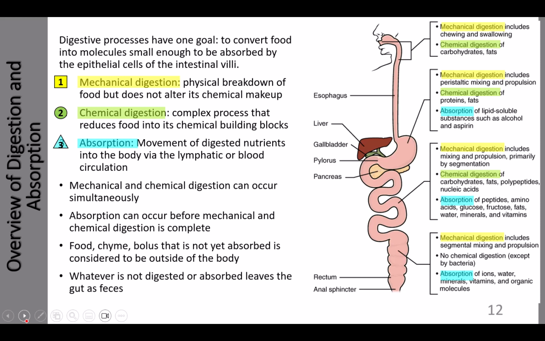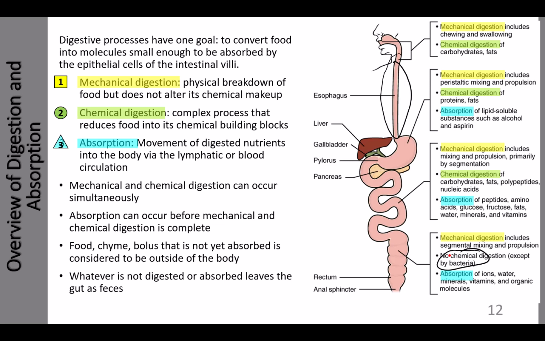As you can see here, mechanical digestion occurs in all parts of the digestive tract, with the exception of the pharynx and the esophagus. Chemical digestion occurs where mechanical digestion also occurs, with the exception of the large intestine, where the only chemical digestion occurs because of the presence of bacteria, not of enzymes.